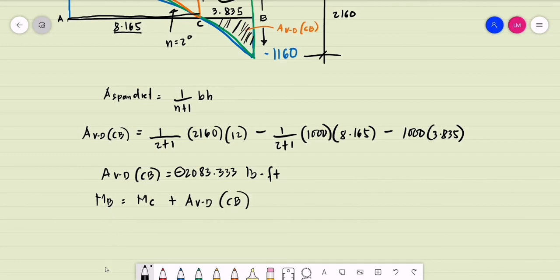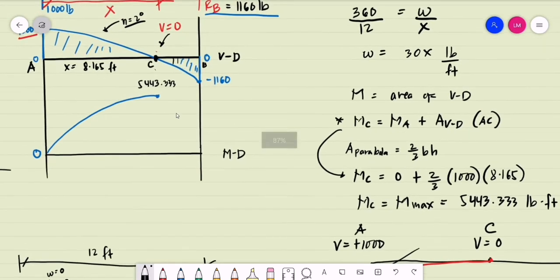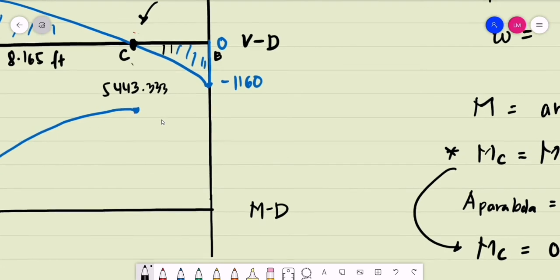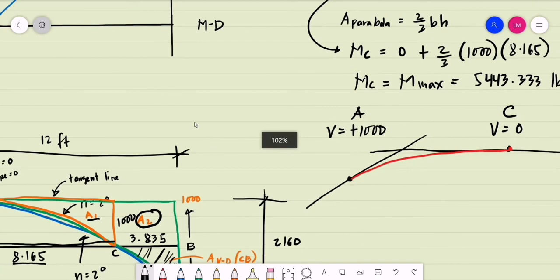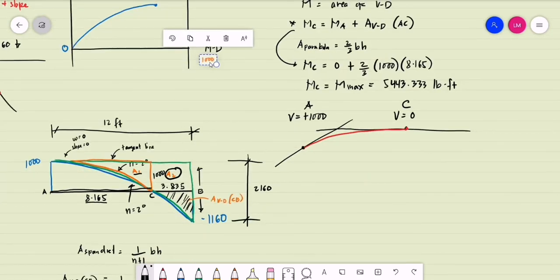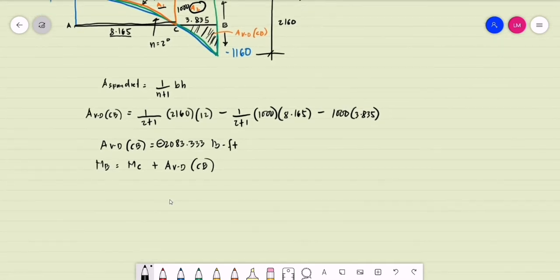What was the magnitude of the moment at B? We have it as 5,443.333. So again, this is a negative area, so it should be subtracted.